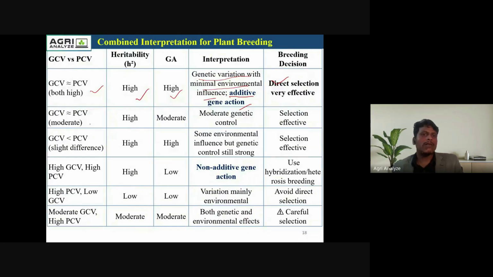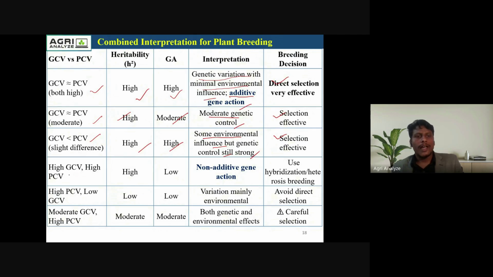If GCV and PCV are moderate, heritability is high, and genetic advance is moderate, selection may also be very effective due to moderate genetic control. If GCV and PCV are slightly different, heritability is high, and genetic advance is high, selection is also very effective, since despite some environmental influence the genetic control is still strong.